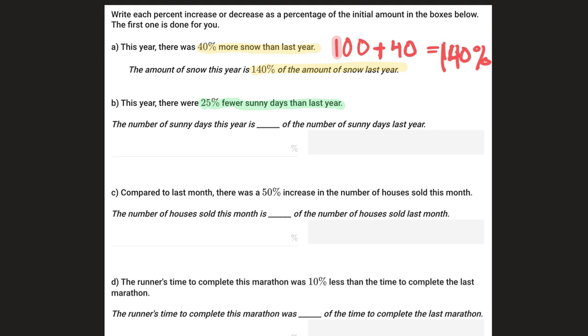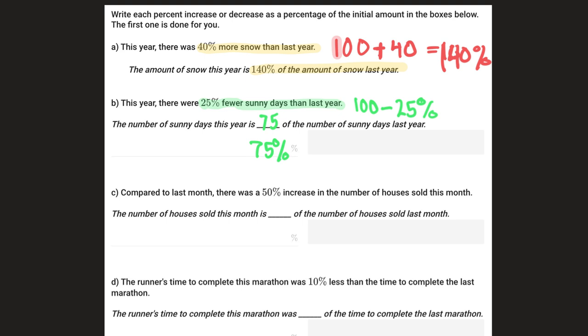So we are going to call last year 100%, the whole. This year there's 25% fewer. So that means we have 25% less. So that is 75%. This year is 75% of the number of sunny days as last year.